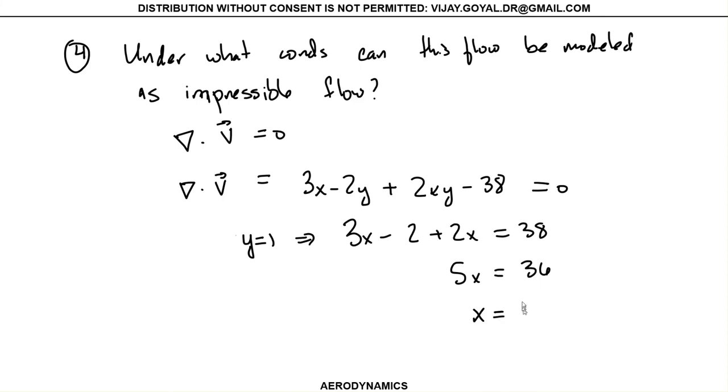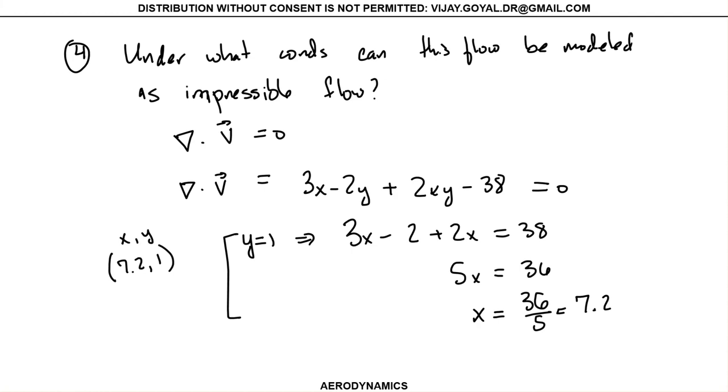So the location is 36 divided by 5, and that's going to give you approximately 7.2. So at the location 7.2 comma 1, x and y, you can say your flow can be modeled as incompressible flow. Okay, so this is another application of how we do these problems.